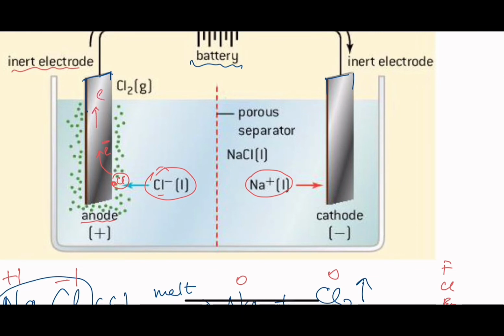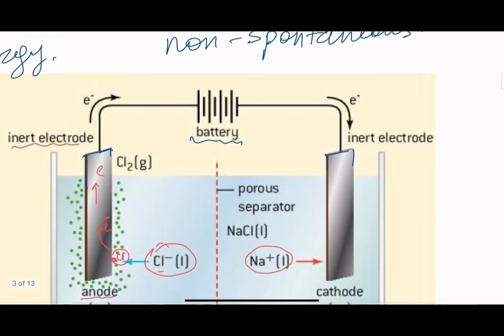The electron flows through the metal, goes up, and then goes to the battery. So we first need to figure out the charge of this side of the battery. Because the electron is moving towards it and the electron is negatively charged, it's going to be the plus side of the battery, and we have the negative side of the battery.